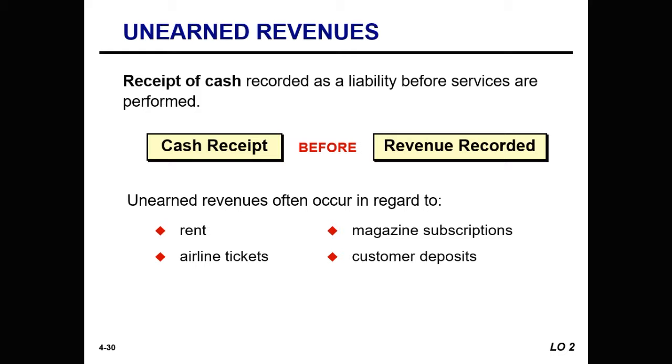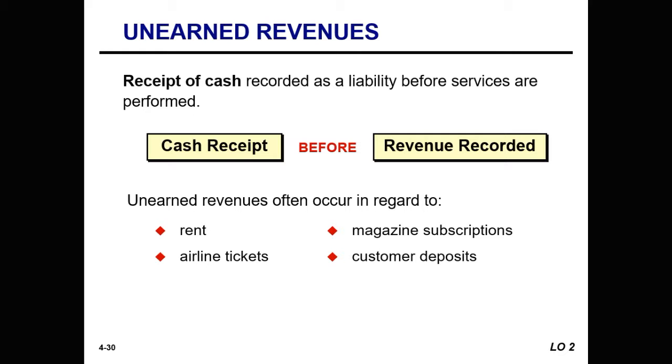Or you pay $150 in order to use a specific program for a year. Either way, the company has received cash, but they've not fulfilled all of the obligations associated with that cash.